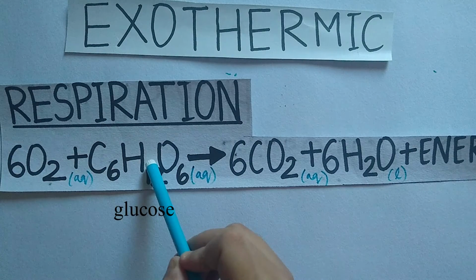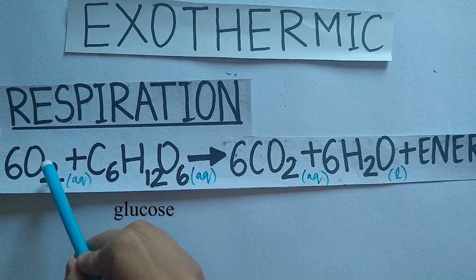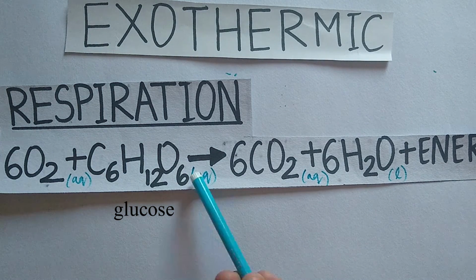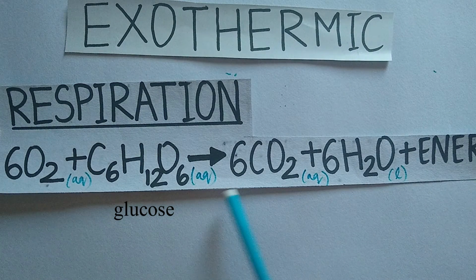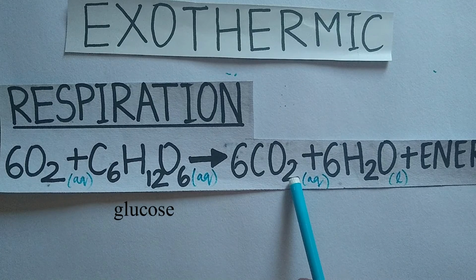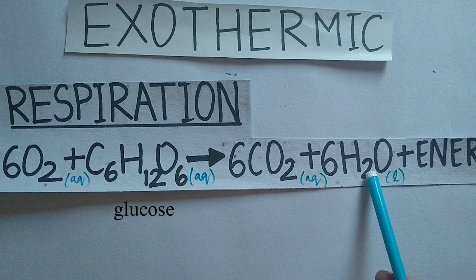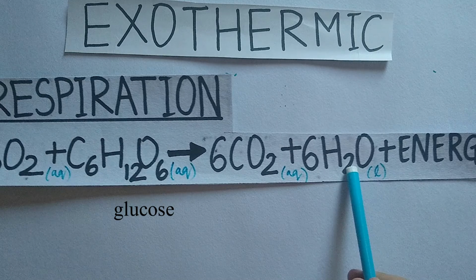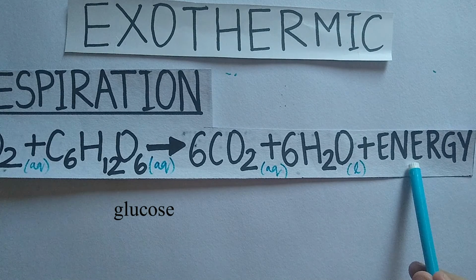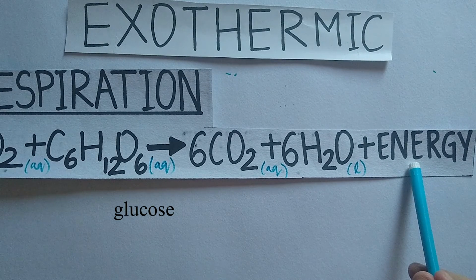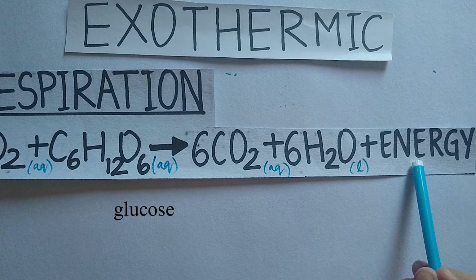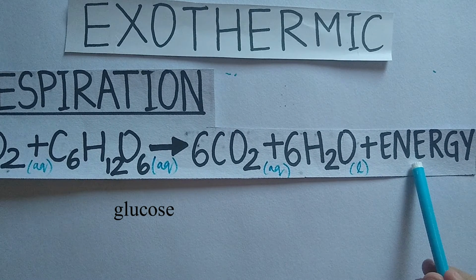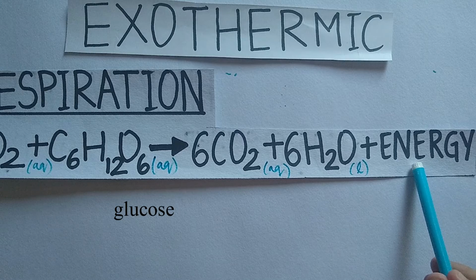So now this glucose is reacting with the oxygen that you have taken in during respiration, and because of this, carbon dioxide is coming out. There is also water that is being formed, and then you see energy that is being formed. Now this energy, you can take it as an example of a form of heat, because this energy helps you do any other further activities.